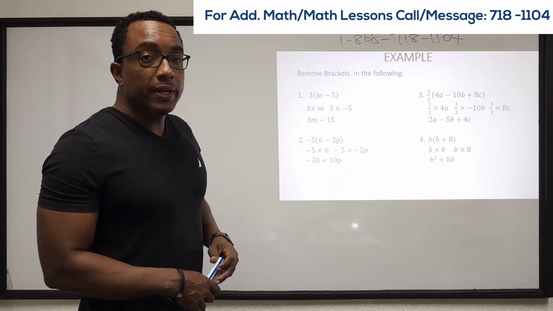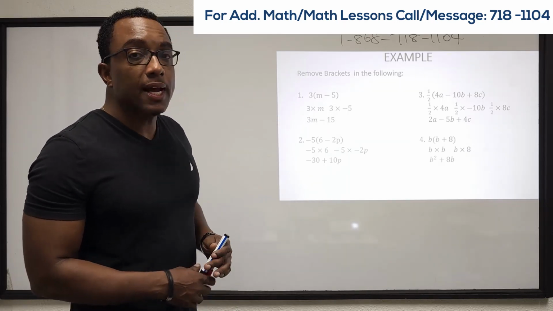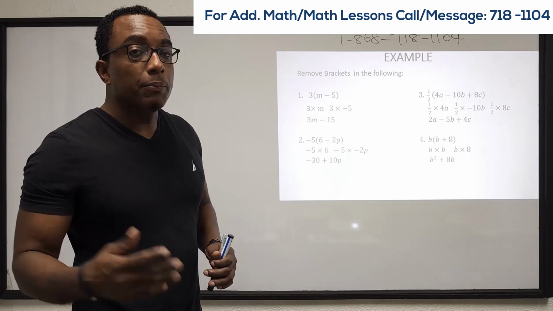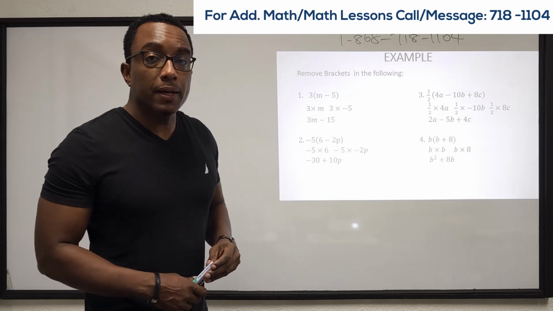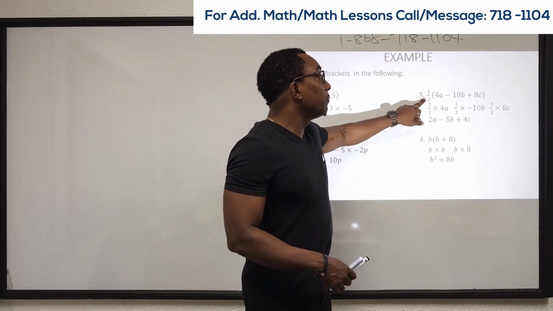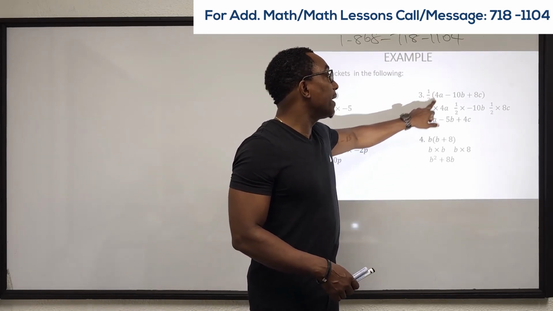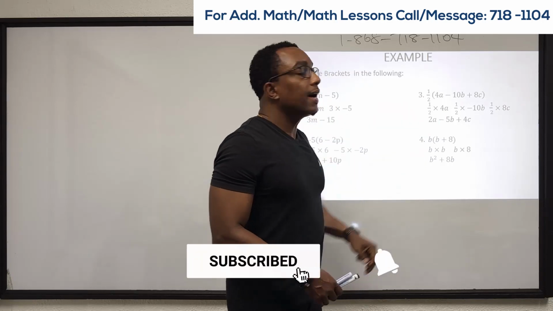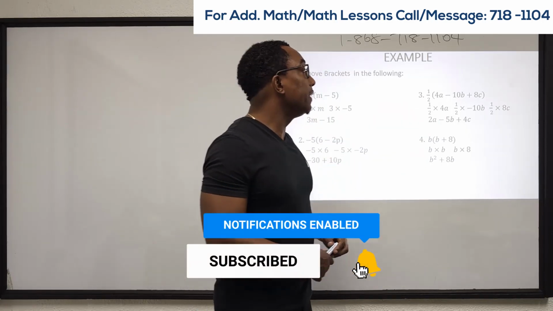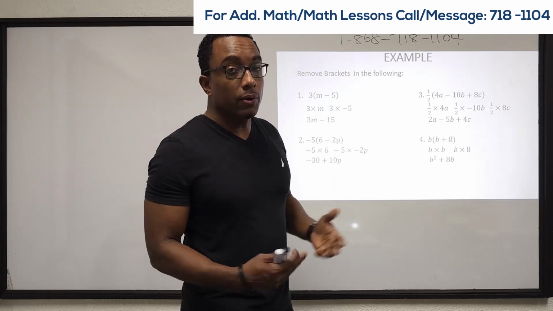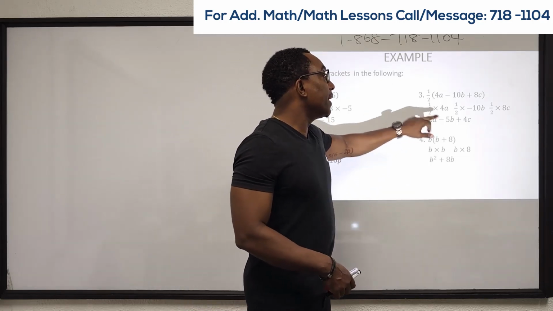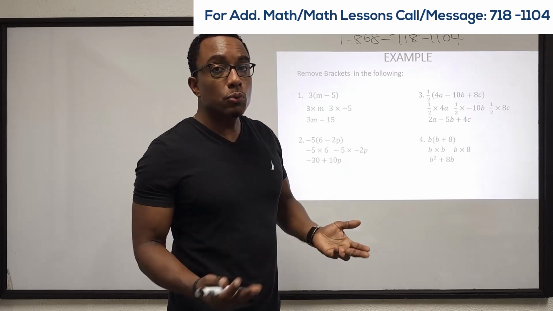For example 3, we have a half which is outside of the bracket, and we have the algebraic expression within the bracket 4a minus 10b plus 8c. So let's remove the brackets. We're going to multiply a half by 4a, we're going to multiply a half by negative 10b, and we're going to multiply a half by positive 8c. So a half by 4a will give us 2a.